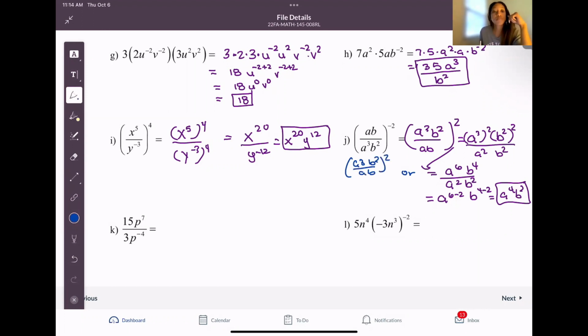I could have started by simplifying a cubed over a. This would just be a squared, and then b squared over b, all to the second power. That makes this a little bit easier, because now we only have to do a squared squared times b squared, which is a to the 4th b squared. Of course, we get the same answer, but with this method we can do it with fewer steps.